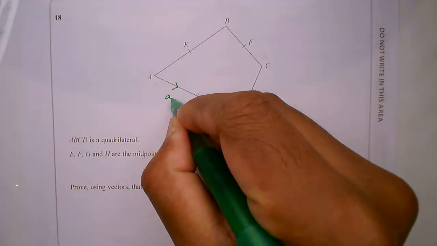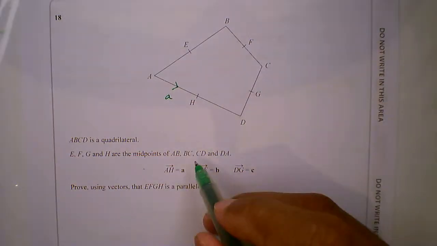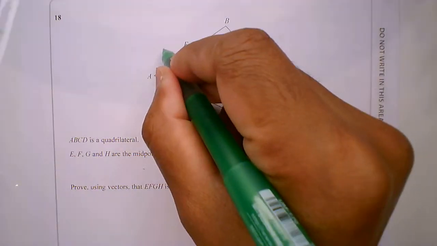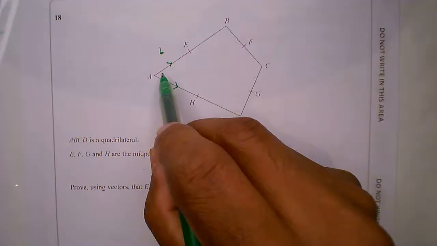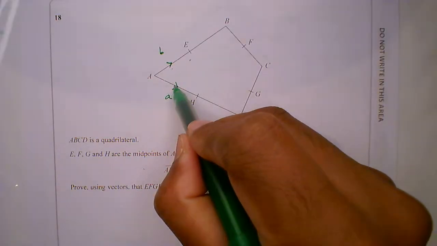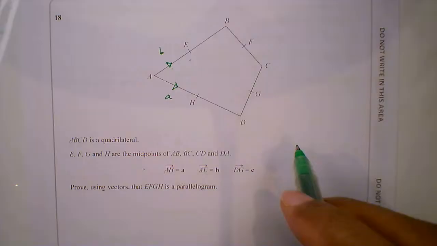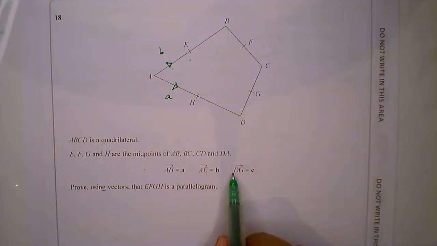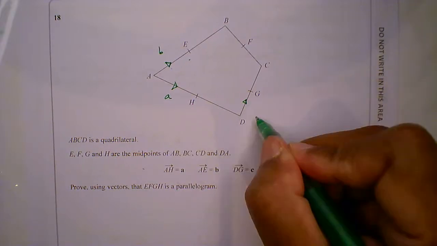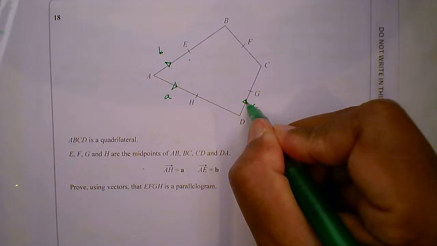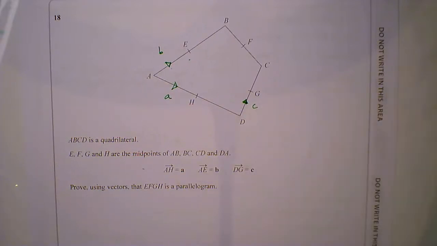This is a. A to E equals b. So A to B equals 2b, A to E equals b. I'm drawing my arrows in, and it's really important you draw your arrows in because they matter. D to G is equal to c. Prove using vectors that EFGH is a parallelogram.